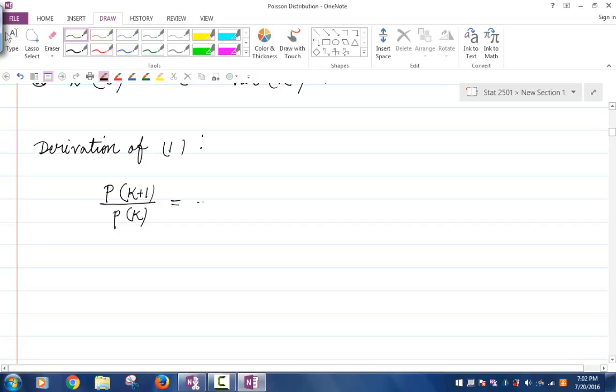Now we know that P(k) is given by e to the minus lambda, lambda to the k, divided by k factorial. Now if that's P(k), then what is P(k+1)? Well, P(k+1) would be e to the negative lambda, lambda to the k+1, over k+1 factorial.